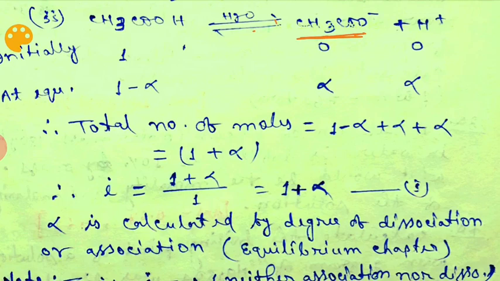Initially you have seen in KCl that it was indicated only by an arrow, but here it is indicated by half arrow. Why is the half arrow essential? Because some particles dissociate and some particles associate.